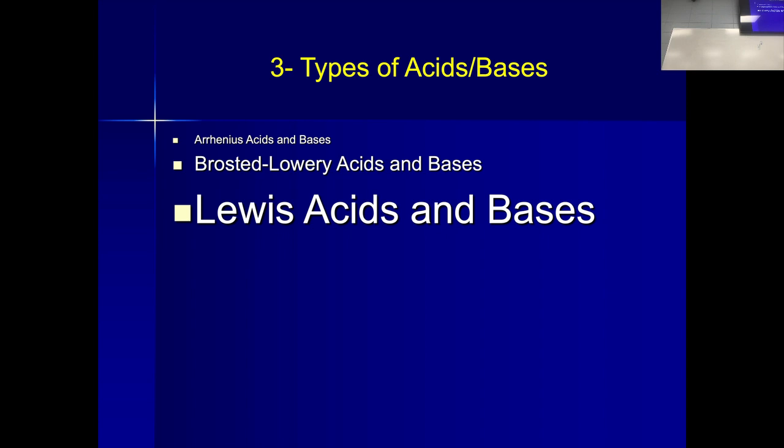So we've got three theories when you only really need one. And that one is Lewis. And so we're going to spend most of our time in class really talking about things from a Lewis acid, Lewis base perspective. If you understand Lewis acidity and Lewis basicity, you can understand 95, 96% of all chemistry.